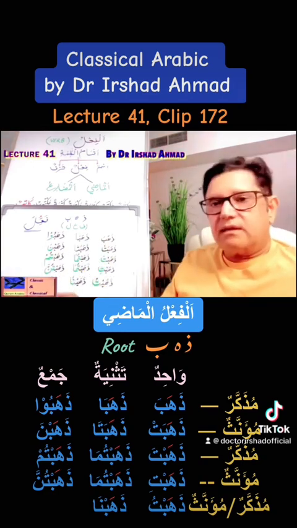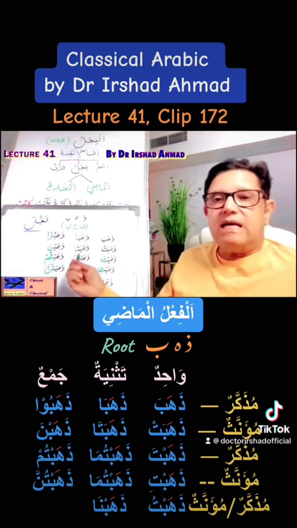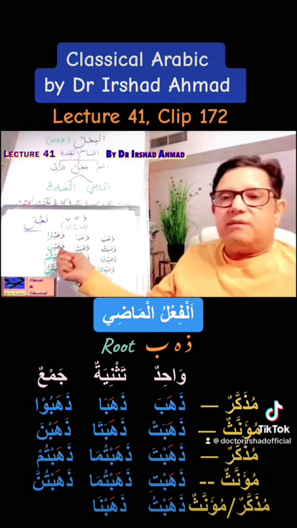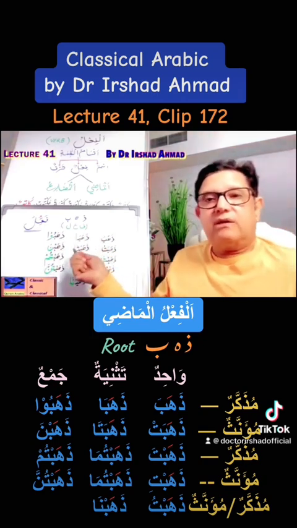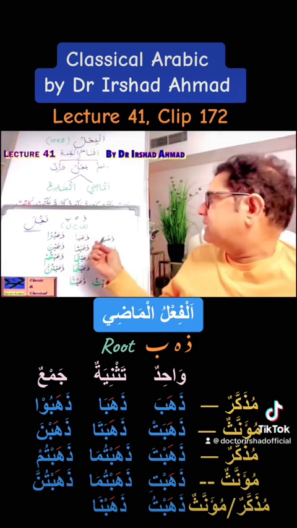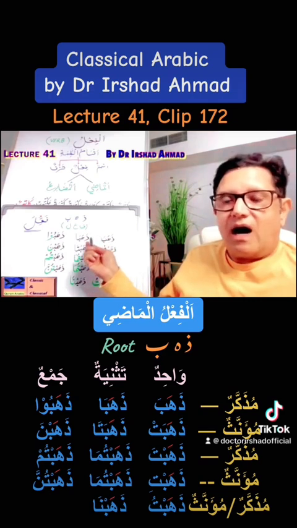The paradigm is the same, but now we are going to go through it with different verbs. So to go in Arabic will be zal, ha, ba.